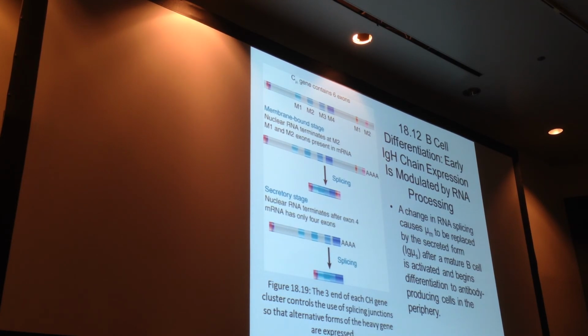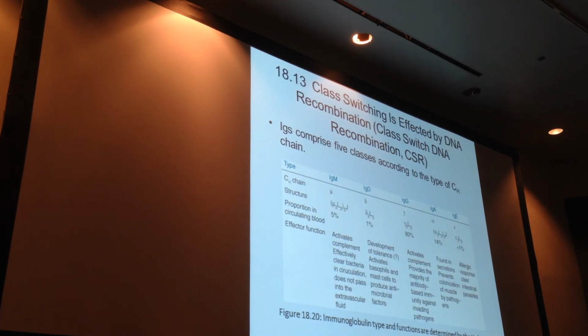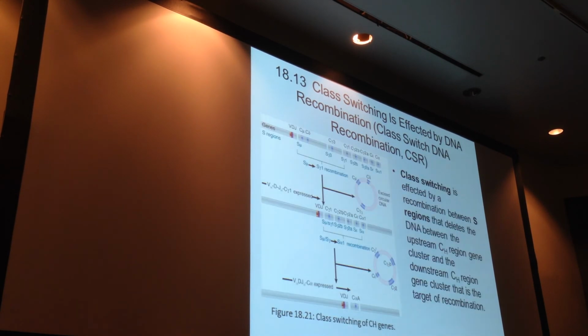And therefore, that secretory form does not have the transmembrane domain. So here are the many types of different IG molecules you get, the mu, the delta, the gamma, and each one has various roles. And the triggers for them, actually, I'm not even 100% sure. I think it's poorly understood how you trigger class recombination.